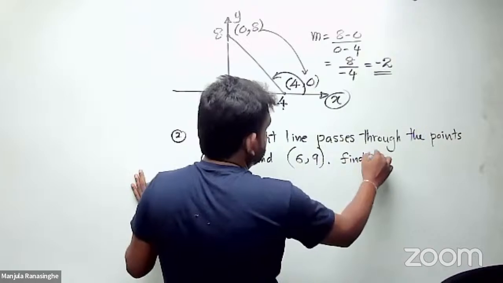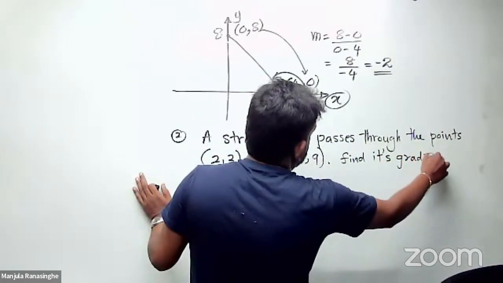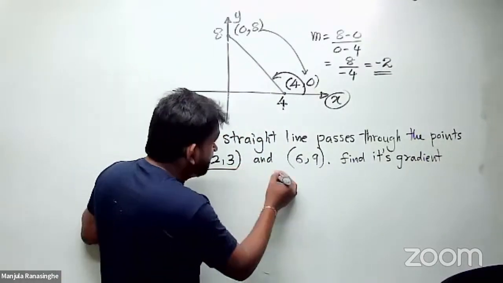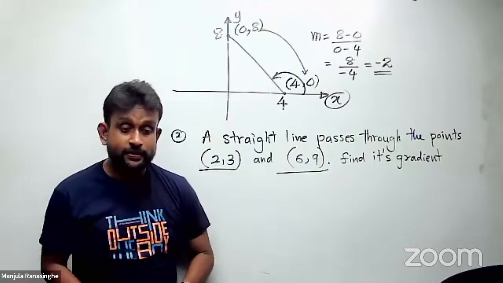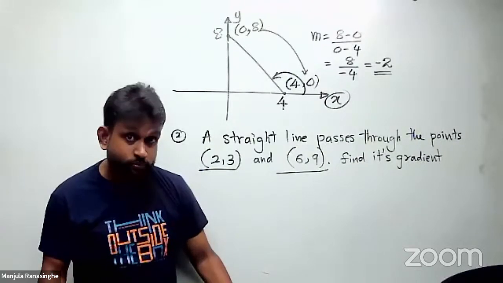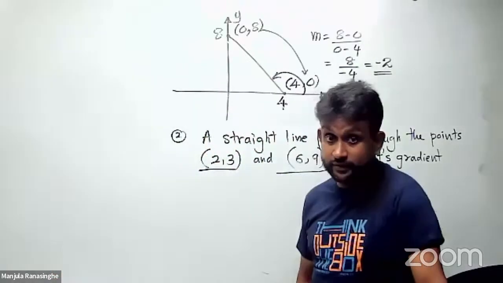Find its gradient. Or find the gradient of the straight line. So likewise, the points are given without drawing. So how to get the answer? Similarly, just the 2 points given, then find the gradient: y difference over x difference.